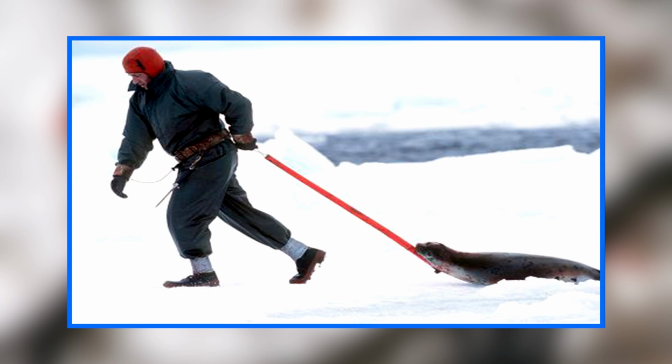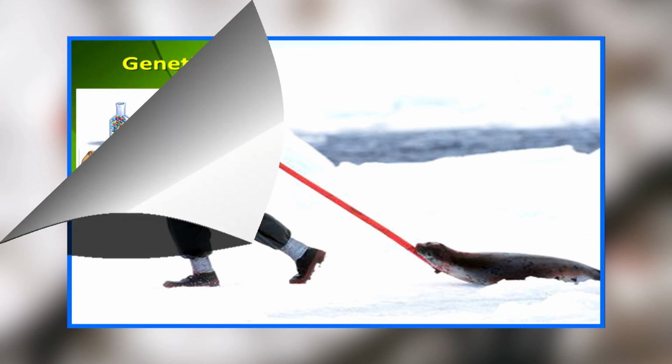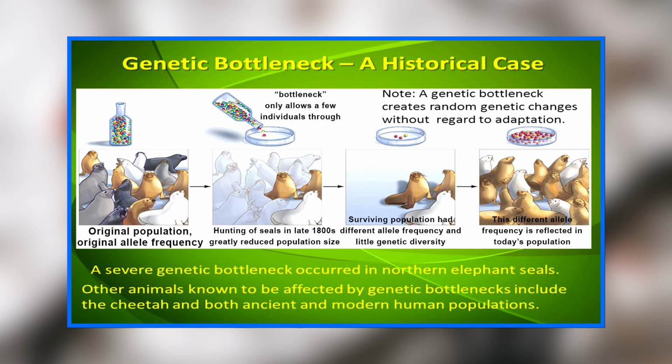Hunting reduced their population size to as few as 20 individuals at the end of the 19th century. Their population has since rebounded to over 30,000, but their genes still carry the marks of this bottleneck effect. They have much less genetic variation than a population of southern elephant seals that was not so intensely hunted.